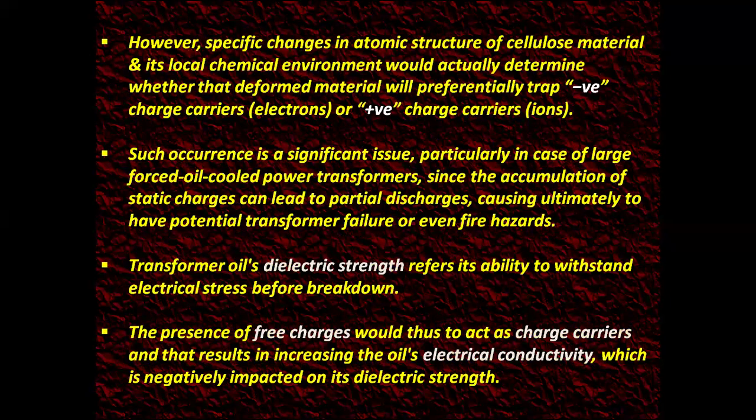However, specific changes in the atomic structure of cellulose material and its local chemical environment actually determine whether that deformed material will preferentially trap negative charge carriers, that is electrons, or positive charge carriers, that is ions.